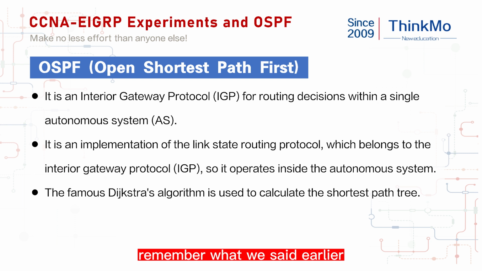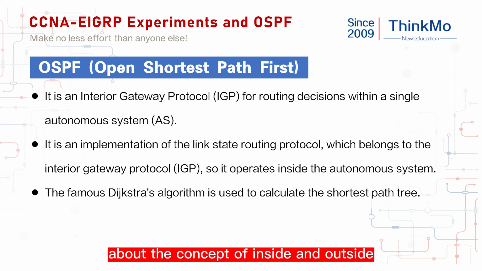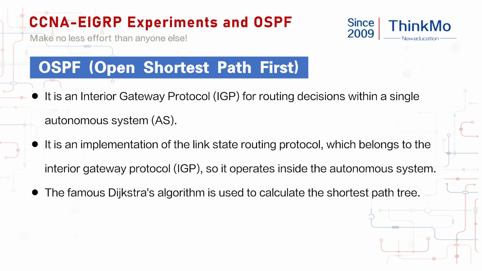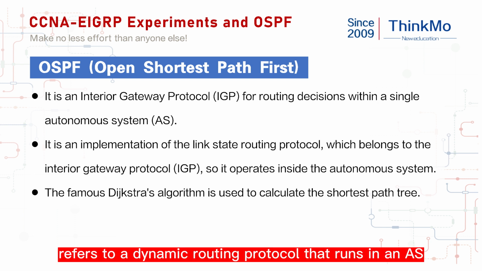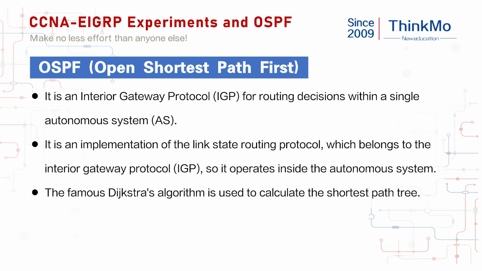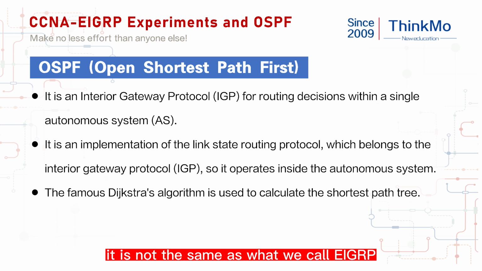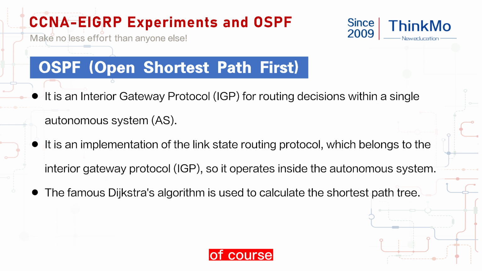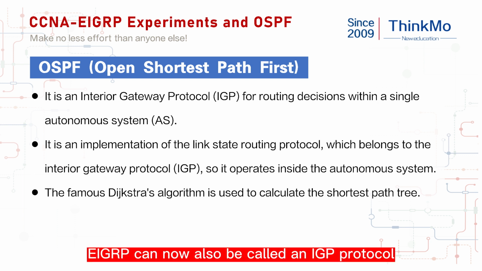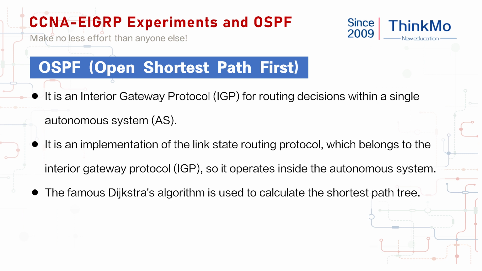Remember what we said earlier about the concept of inside and outside? It refers to a dynamic routing protocol that runs within an AS, like EIGRP. Of course, EIGRP can also be called an IGP protocol, because it is not running on the public network.